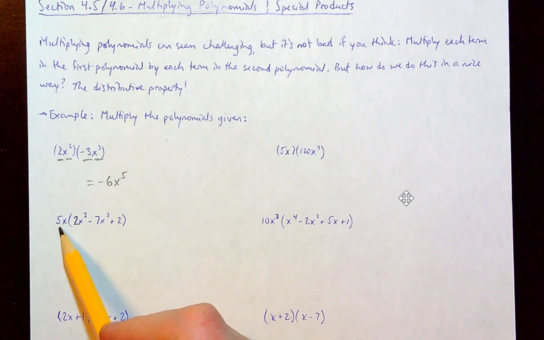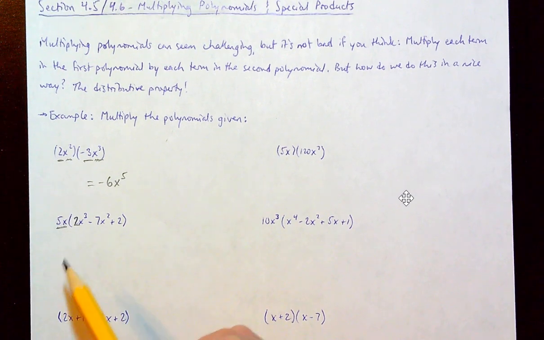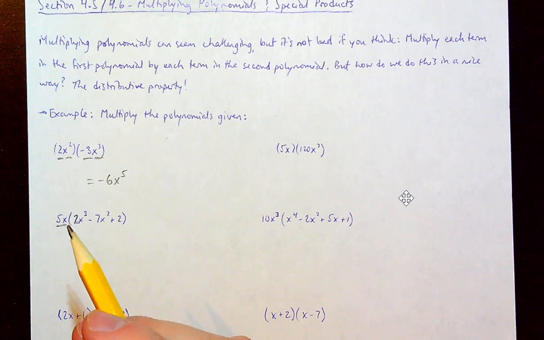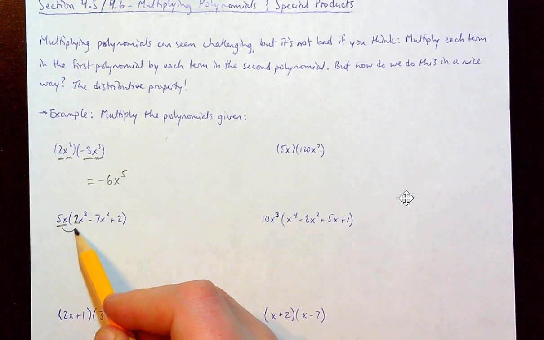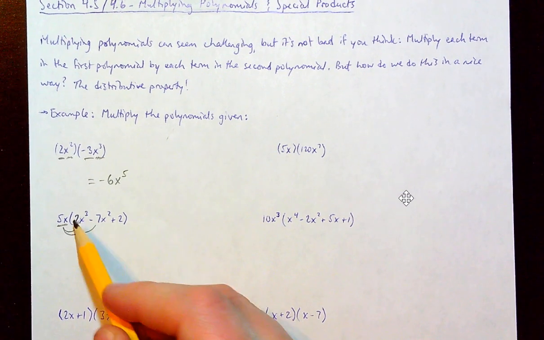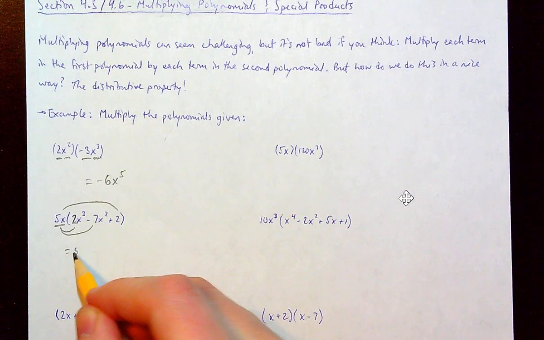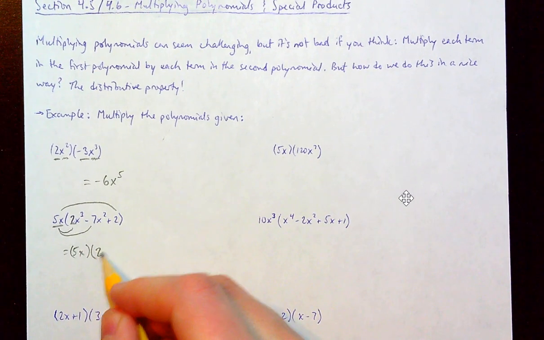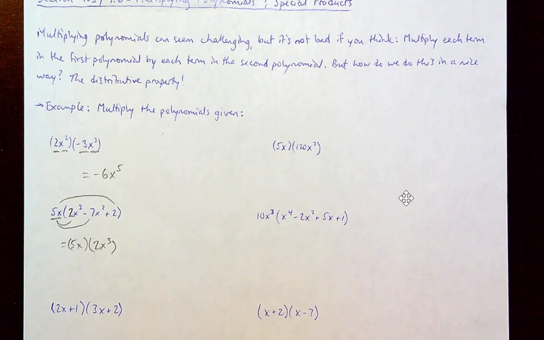So I have this whole thing outside of my grouping symbols here. So what I'm going to do is distribute this whole thing into each of these three guys there. So this is going to give me the 5x times the 2 times x to the third power.